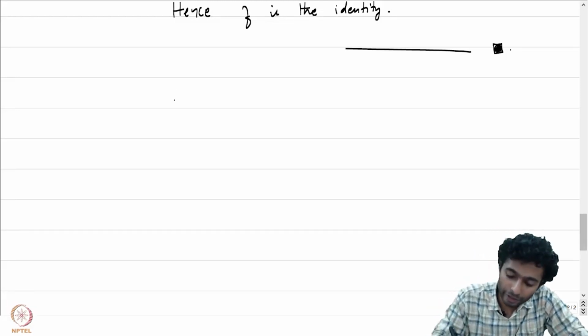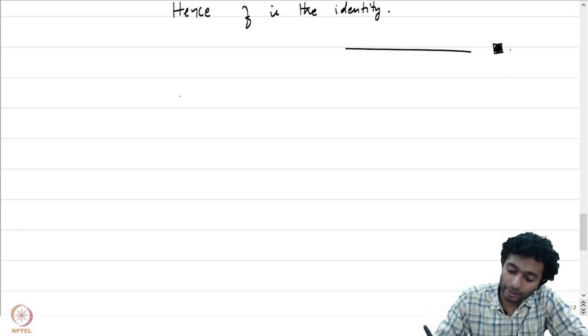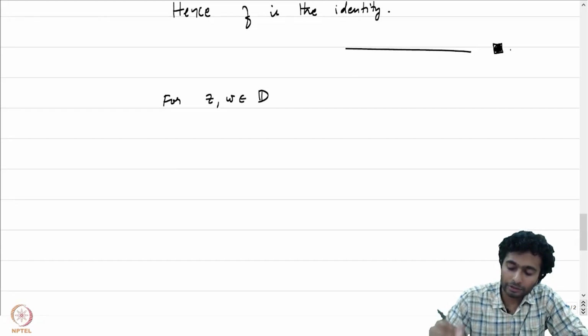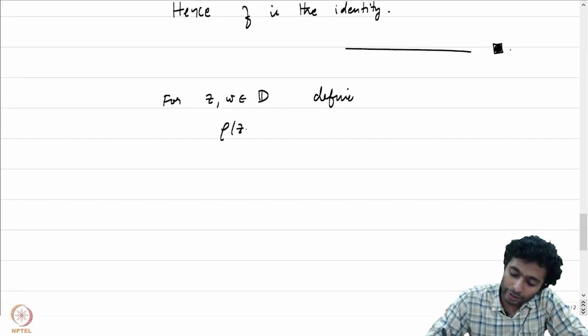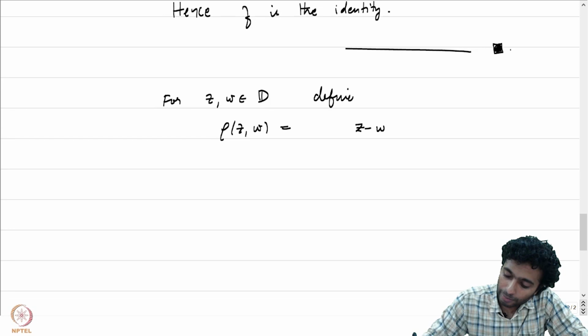So to do that, before I state the problem for you, for z and w in the unit disk, z not equal to w, define rho of z comma w to be equal to the absolute value of z minus w by 1 minus w bar times z.